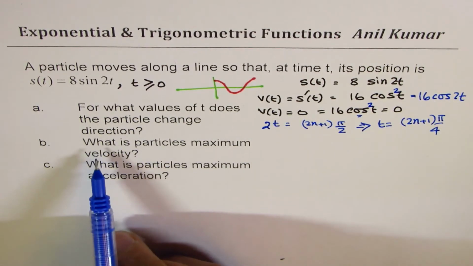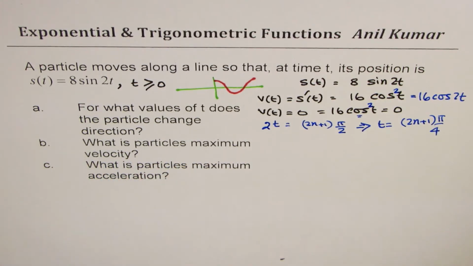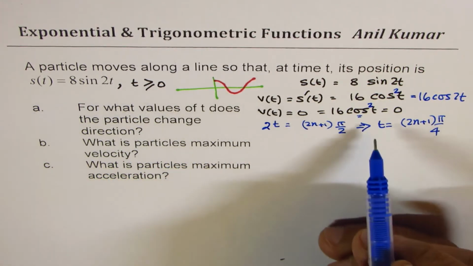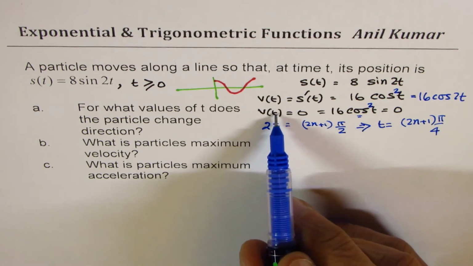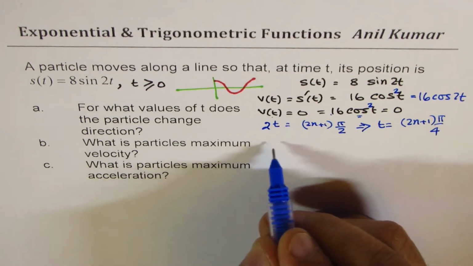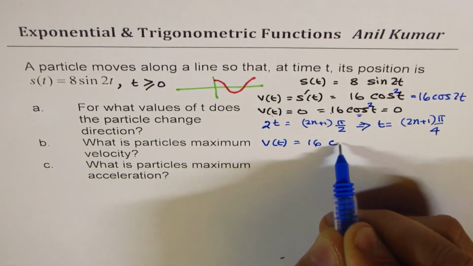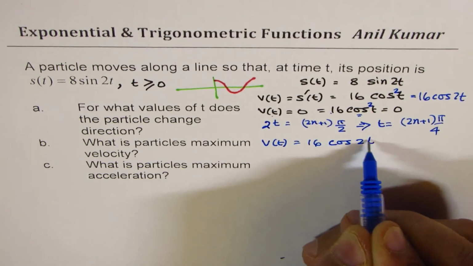Now the second part is, what is the particle's maximum velocity? So to find the maximum velocity, we can look at the equation. So the equation is v of t equals 16 cos of 2t, right?